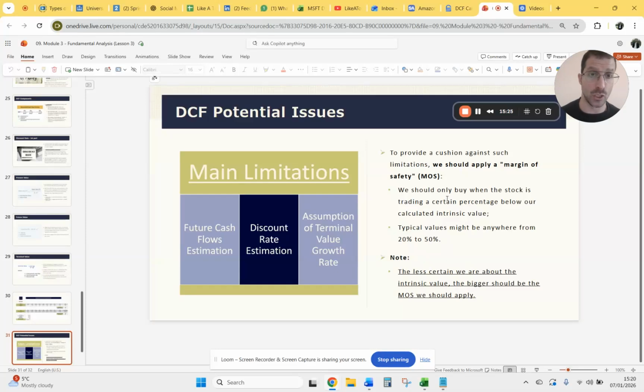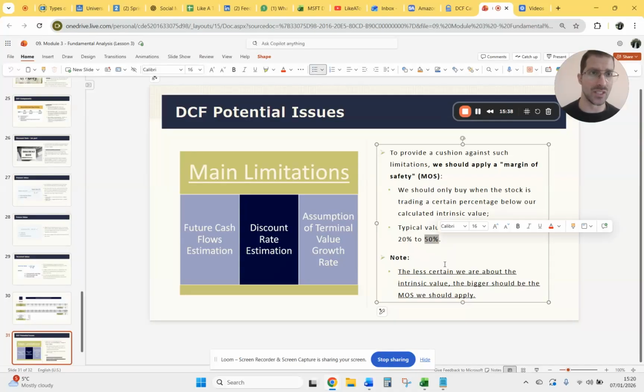Always apply this, because we should only buy when the stock is trading at a percentage below our calculated intrinsic value. Typically anywhere between 20 to 50% below intrinsic value. I like to do about 50%. The less certain we are about the intrinsic value, the bigger the margin of safety we should apply.